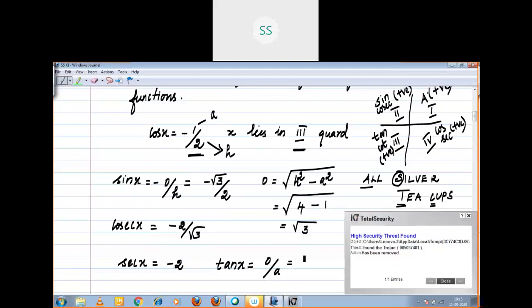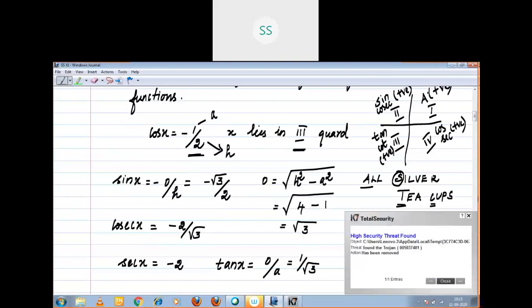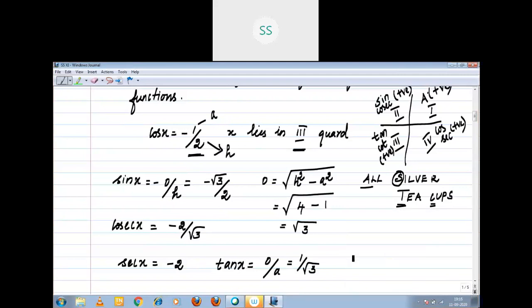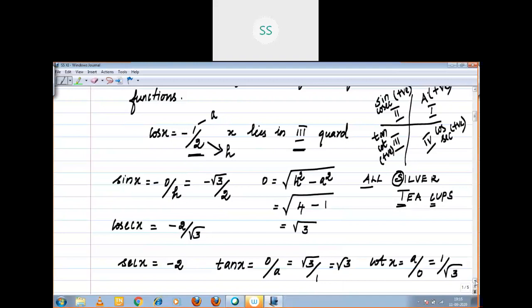Sorry, children. Opposite by adjacent: your opposite is root 3 by 1, which is equivalent to root 3. Cot x is adjacent by opposite, so you write it as the reciprocal, 1 by root 3. Have you all got it, children? Say yes or no? Yes.